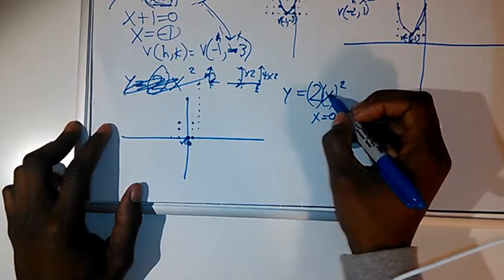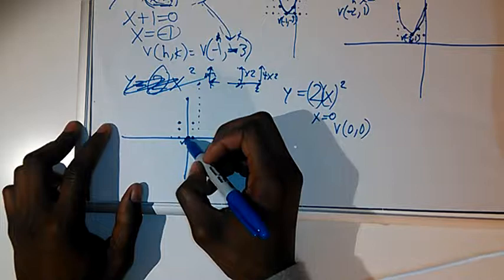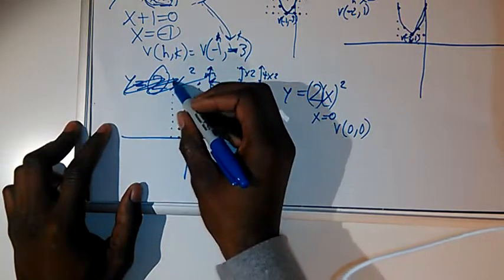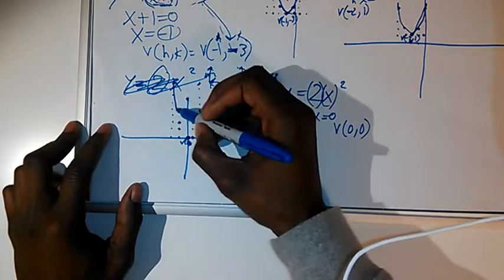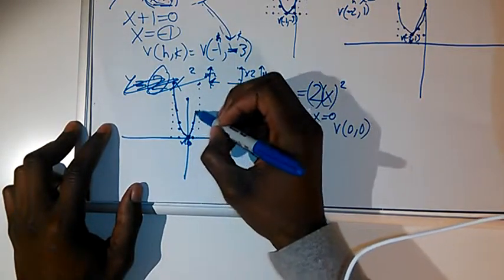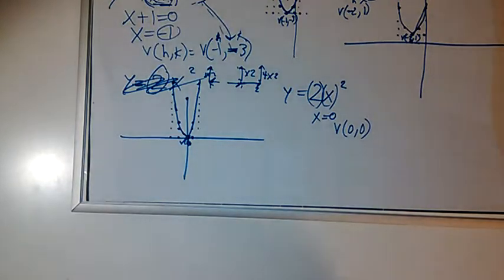When x is 2, 2 squared is 4. 4 times 2 is 8. So go over twice, 1, 2. And 1, 2, 3, 4, 5, 6, 7, 8, right? Then we're going to connect the dots like this. Okay? So that's how you graph a function where you have a factor of 2 in front of it.